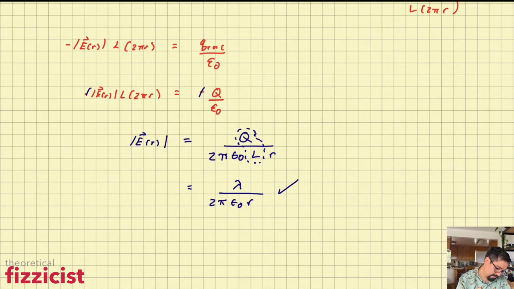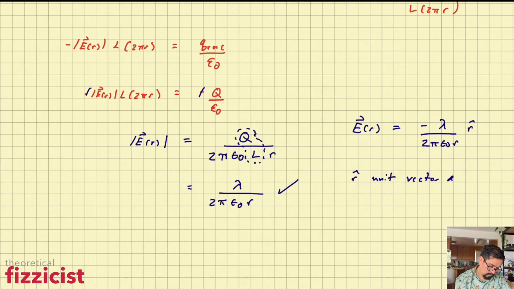We know the electric field for radii that are greater than the outer radius of the outer conducting shell is equal to minus lambda over 2 pi epsilon naught r hat, where r hat is a unit vector that points radially away from the central axis of our problem. Beautiful, right? And this is our electric field when little r is greater than R3.